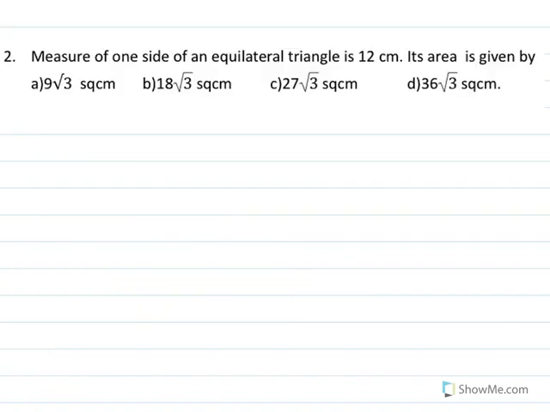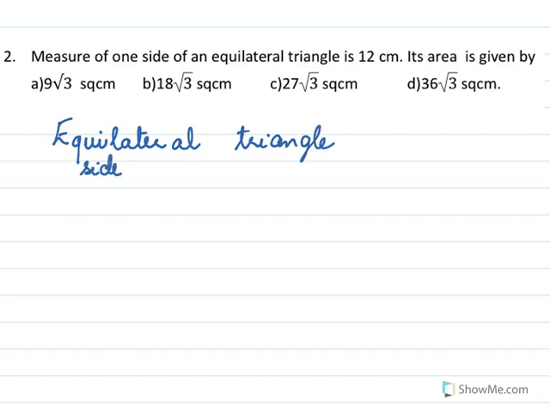Measure of one side of an equilateral triangle is 12. Hence find its area. So here we are dealing with an equilateral triangle, and the side is given as 12 centimeters.